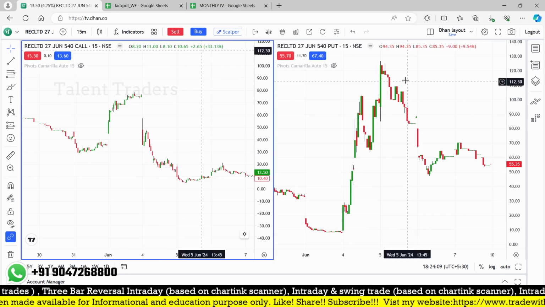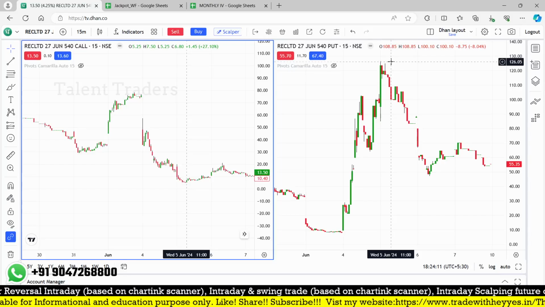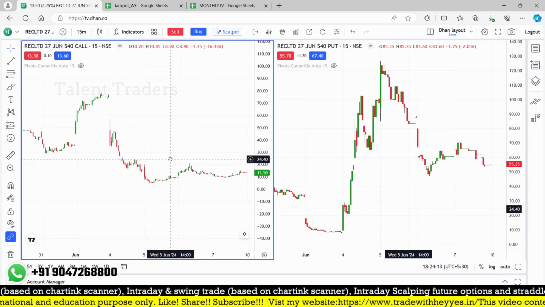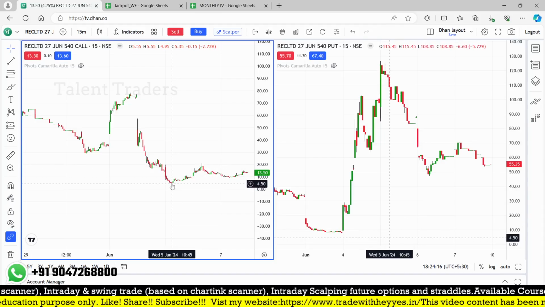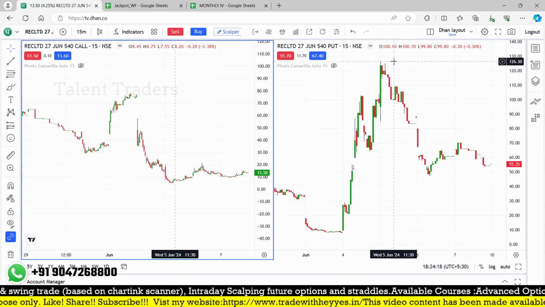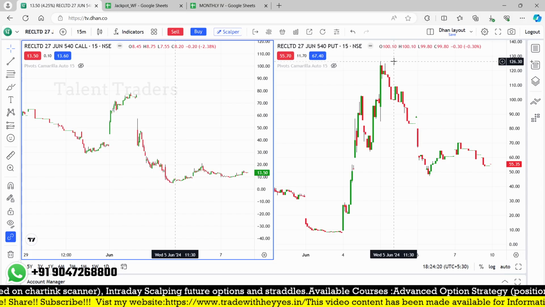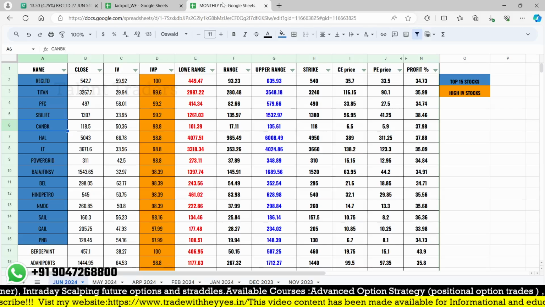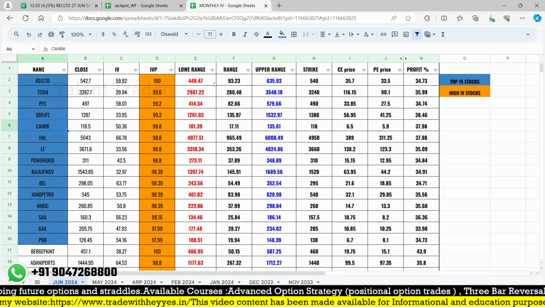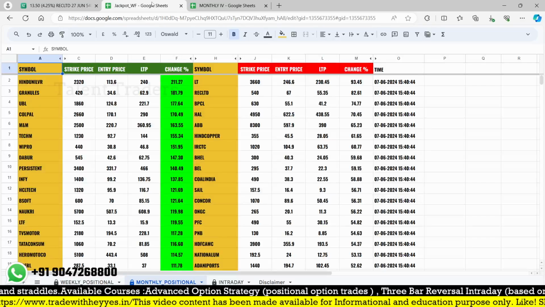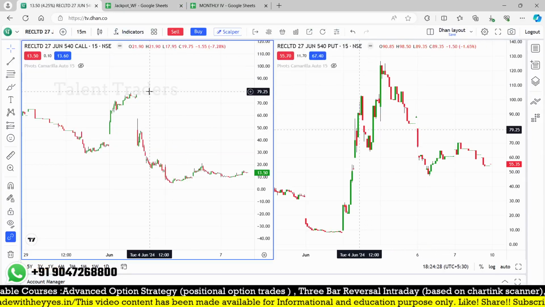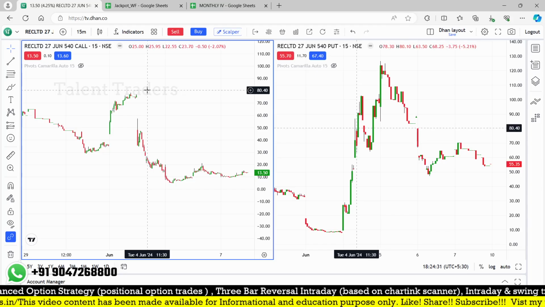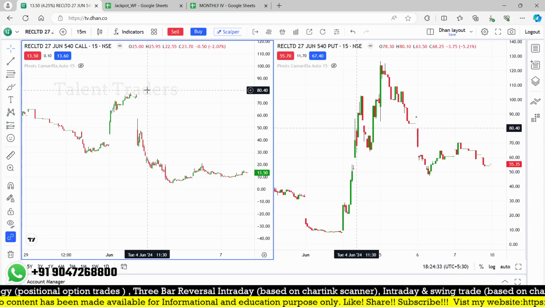After the reversal on the downside, it reached 126, and that time the other leg made a maximum low of somewhere around 4.5. So almost 126, almost 130. The total premium almost doubled, and the premium movement we expected was somewhere around 93 points on these stocks. The option premium moved almost 900 rupees, and the stock also moved as we expected.